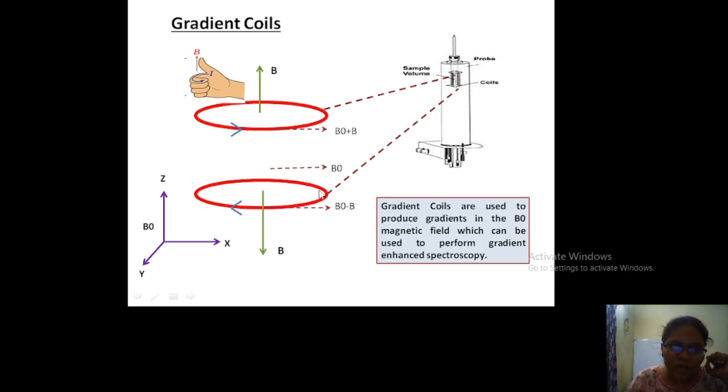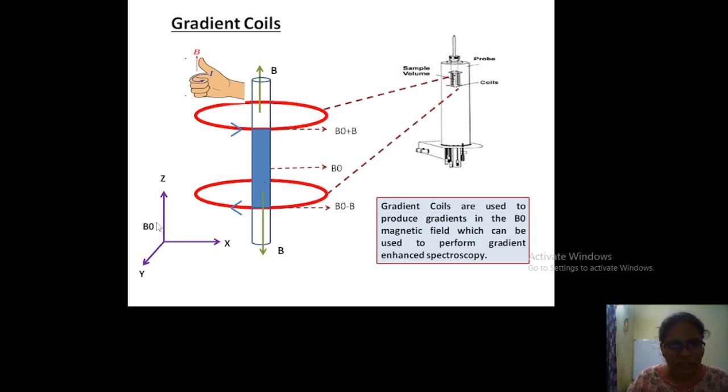When you pass a current through the coil in the opposite direction, like in this clockwise direction, this coil generates a magnetic field perpendicular to the plane of this coil in the downward direction.